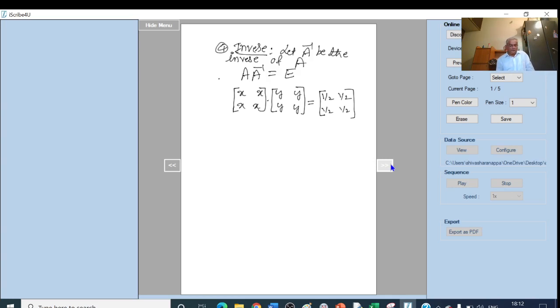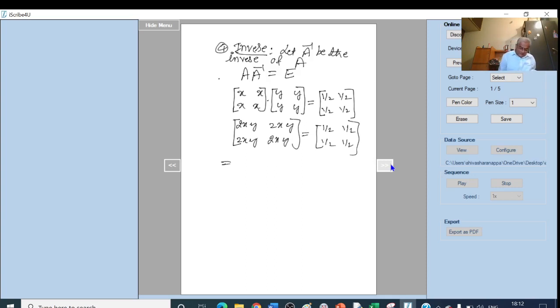Identity is 1 by 2, 1 by 2, 1 by 2, 1 by 2. Now if I take the multiplication on the left hand side, we have already multiplied this one. We know that this is 2xy, 2xy, 2xy, 2xy. This is equal to 1 by 2, 1 by 2, 1 by 2, 1 by 2.